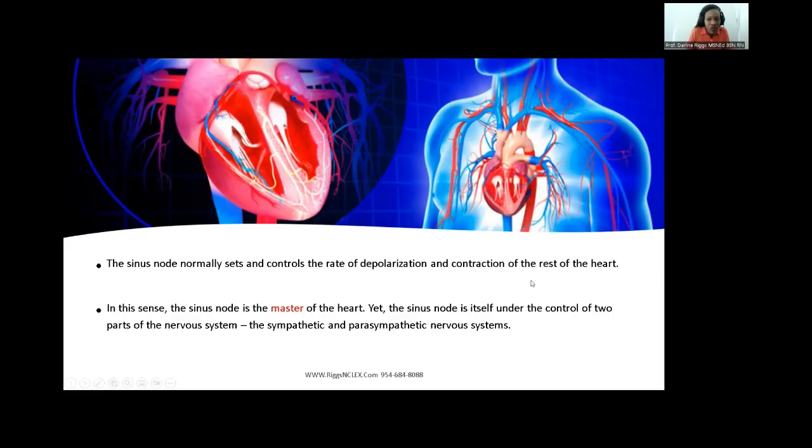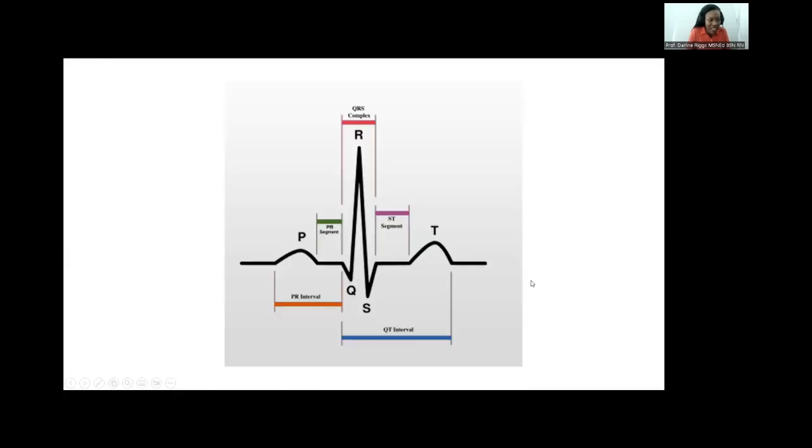Every time the atriums and the ventricles contract, that is recorded on our EKG strip, right? So every time the atriums contract, that's the P wave. I'll go over that in detail and show it to you on the strip. So hang in there. Every time the ventricles contract, that's the QRS. And the T is the relaxation of the ventricles.